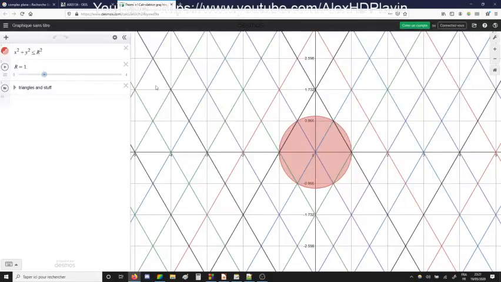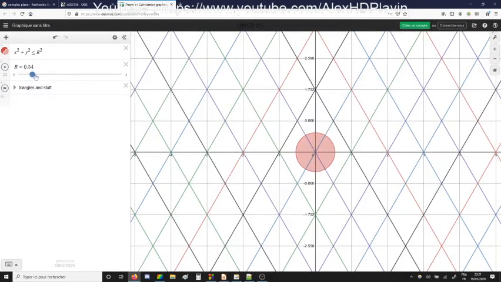So, for example, if I do r equals 0, there's just going to be that. Anything from r equals 0 to r equals 1 is just going to be one vertex, or one Eisenstein integer.